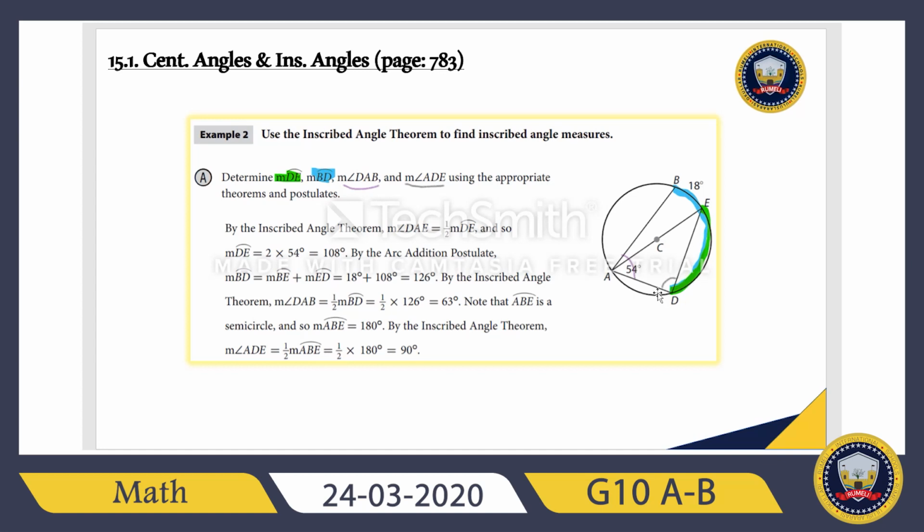Now, what I'm given here is this angle, EAD, that's 54 degrees, and I'm given 18 degrees for the arc BE.